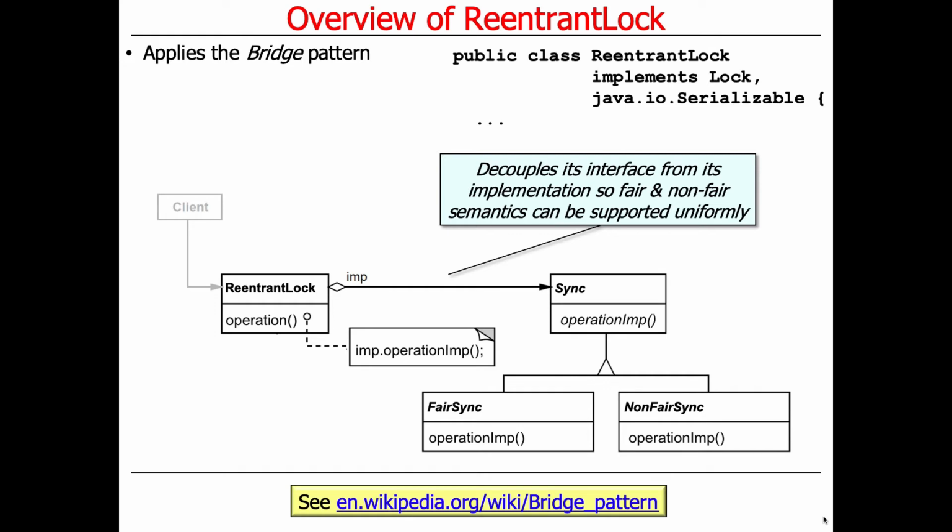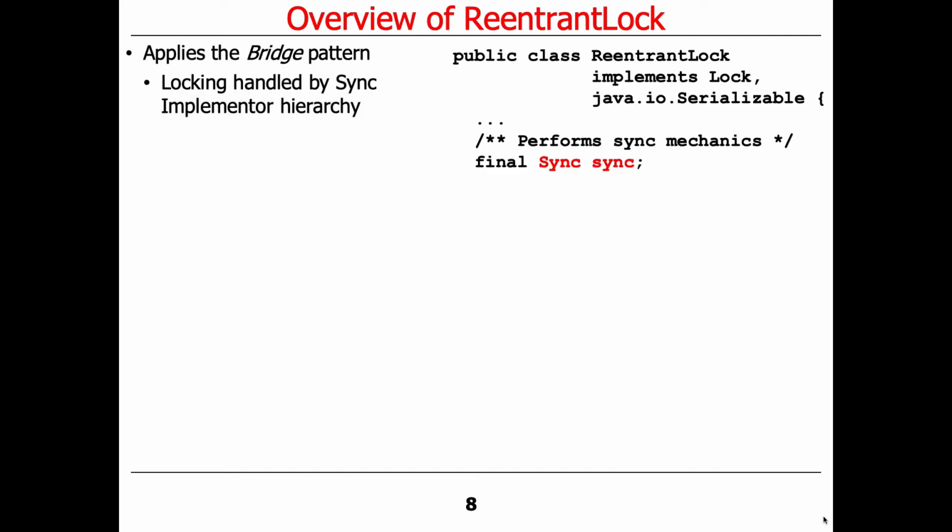As with semaphore, it also applies the bridge pattern for exactly the same reasons. So you can have a common interface or common abstraction that when you invoke methods on, it'll forward to the appropriate implementation, which is either fair sync or non-fair sync. Under the hood, again, it's like deja vu all over again. It has the same basic structure as the semaphore.